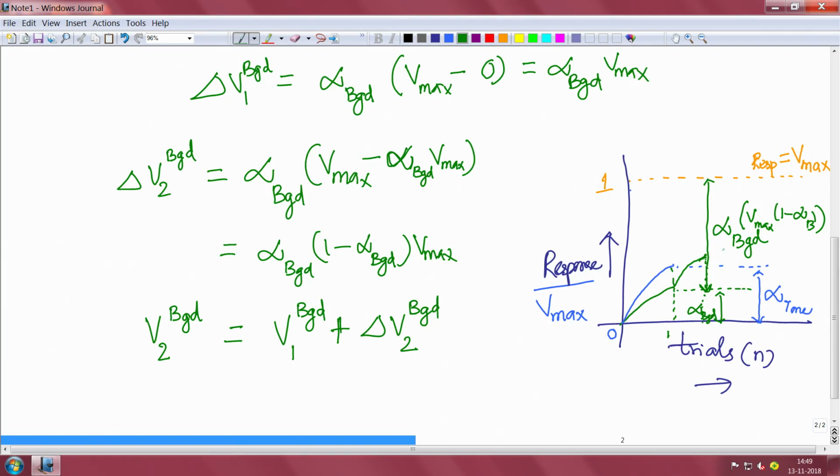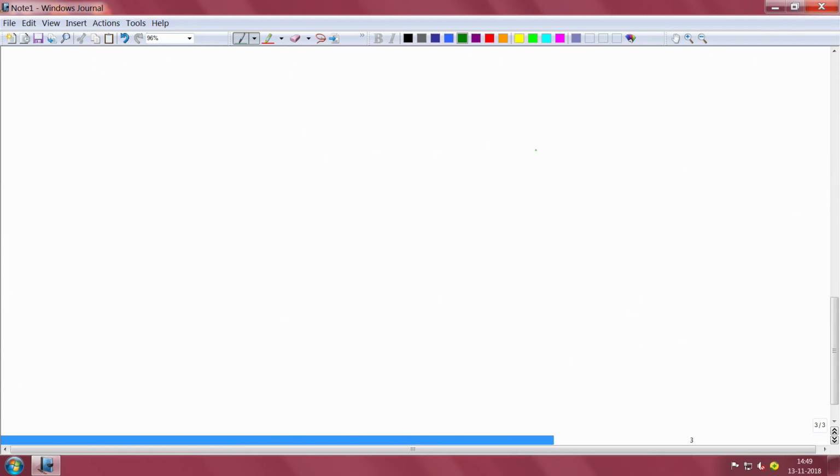At that instance the animal, so let us go a few steps more. In the third step, draw the curve once more. In the third instance you can see that it is continuous, because nothing has happened, it is a continuous growth of the association.